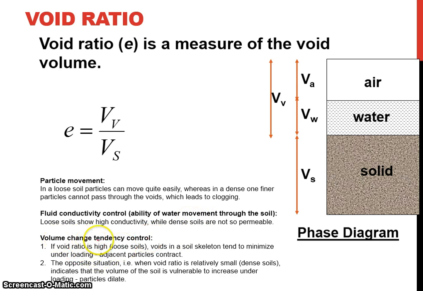And for volume change tendency, if the soil has a high void ratio, a loose soil, the voids in the soil skeleton tend to become minimized under loading. So maybe we encounter settlement.